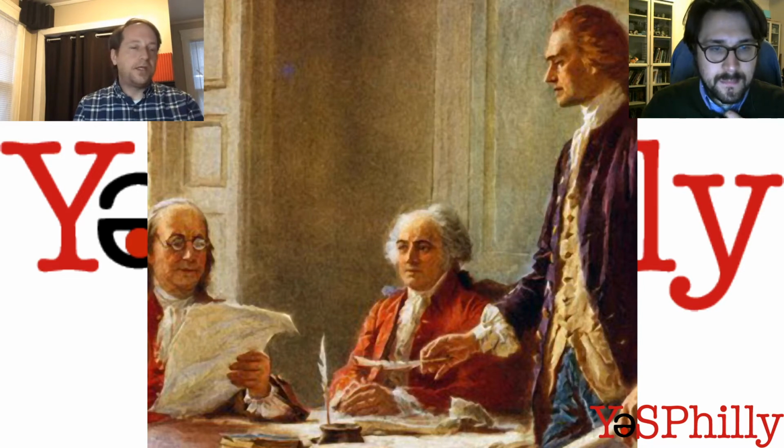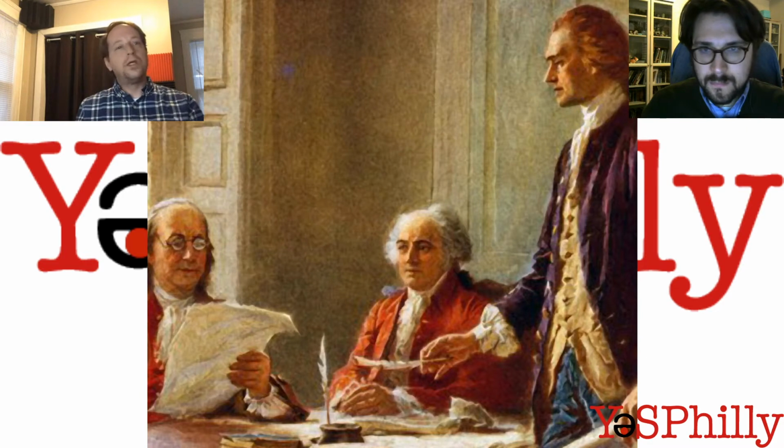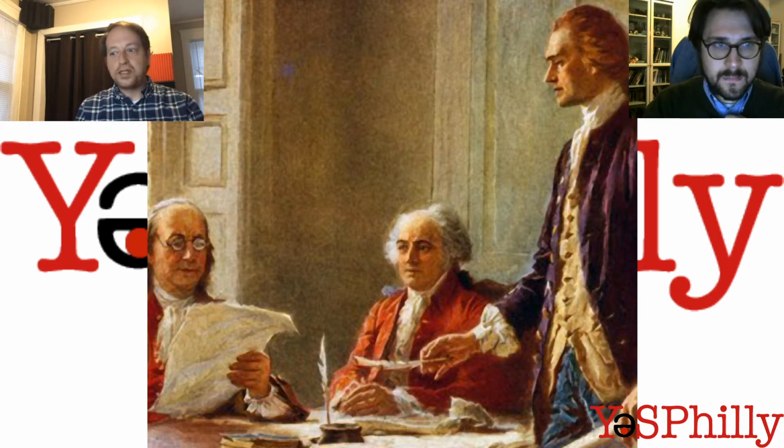And there were significant changes made to the document over this time, enough that it's not really accurate to say that Thomas Jefferson wrote the Declaration of Independence. And I think some of these changes are significant enough to warrant talking about them.